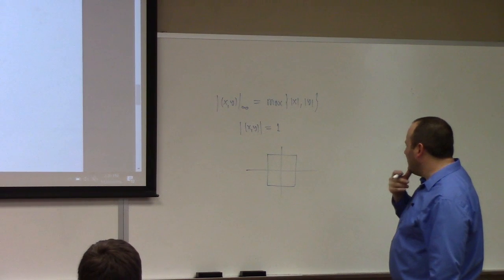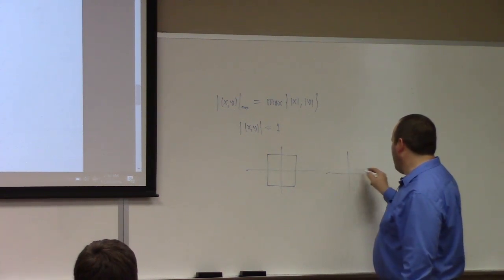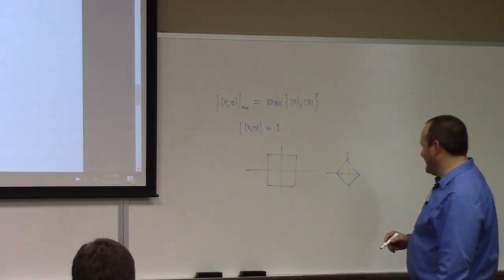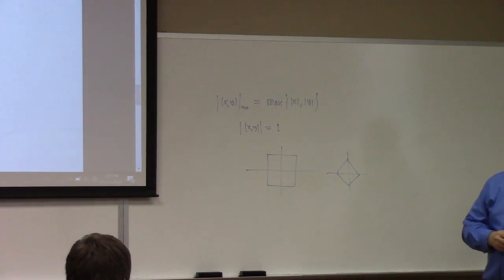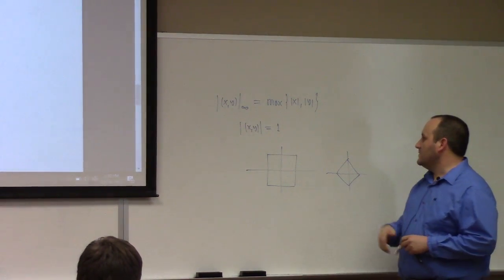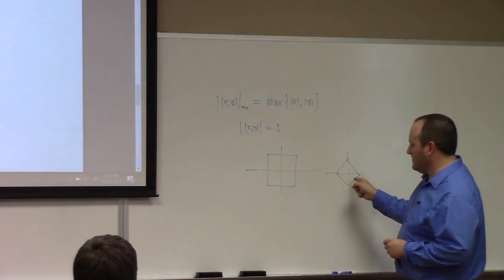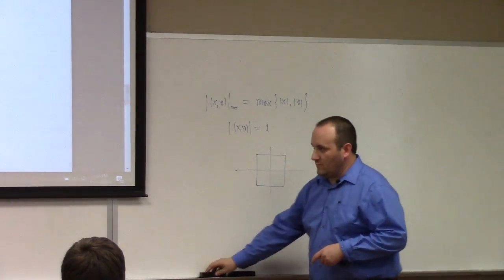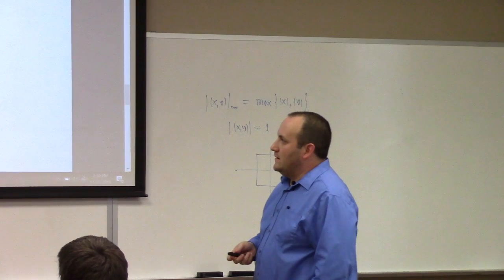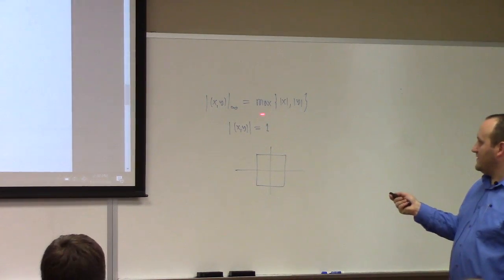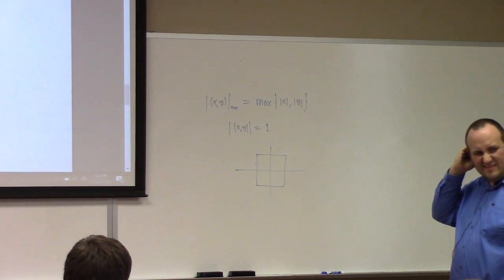I think it's the left one. Oh, that's the one norm. Never mind. So my point is that's a circle with respect to this notion of distance.